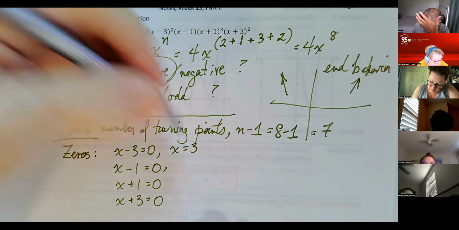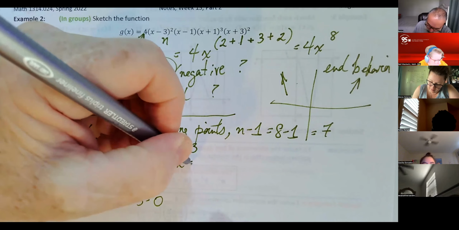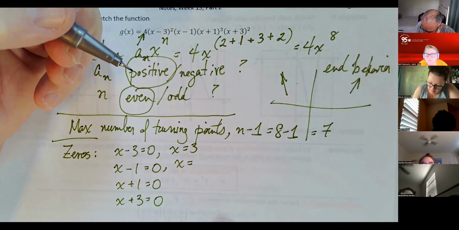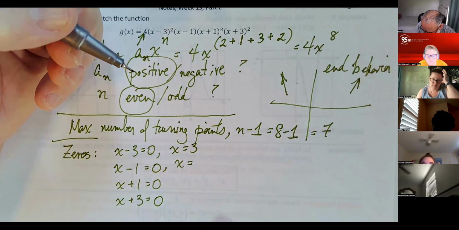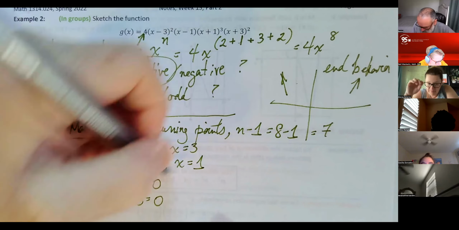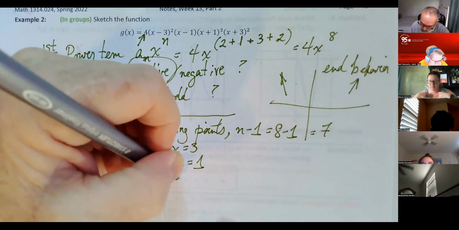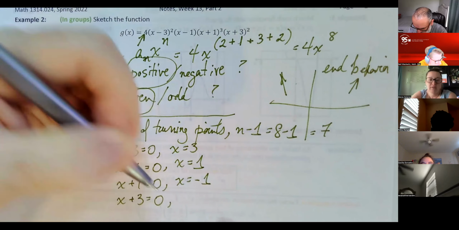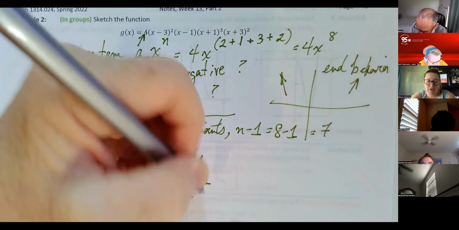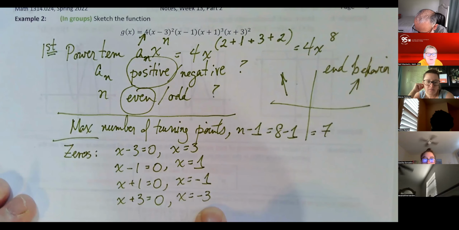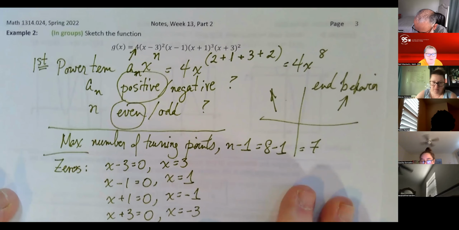X minus 1 equals 0? One. Good. X plus 1 equals 0? -1. Excellent. And x plus 3 equals 0. -3. Marvelous.